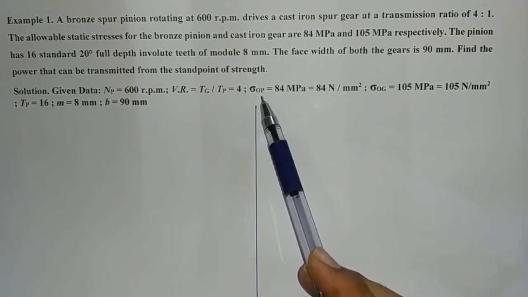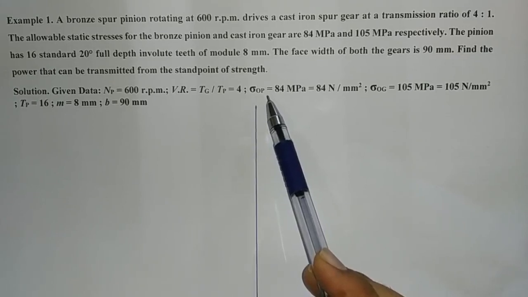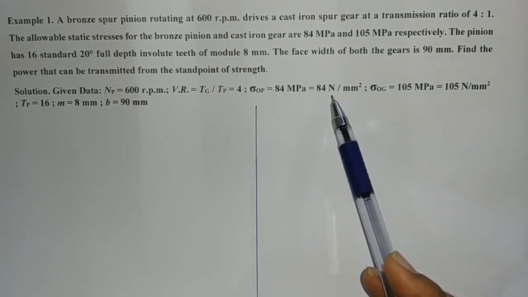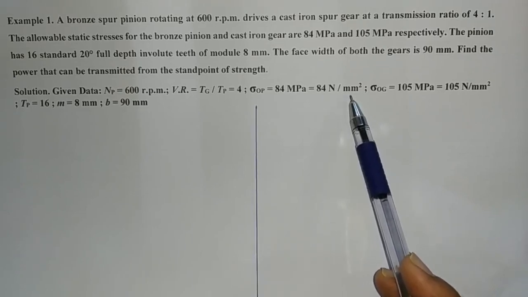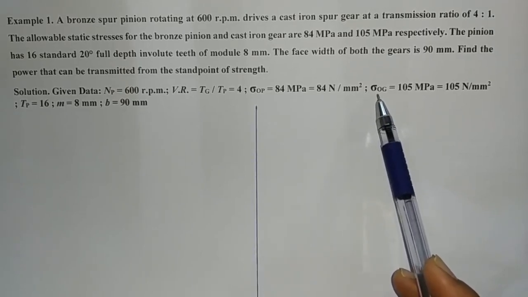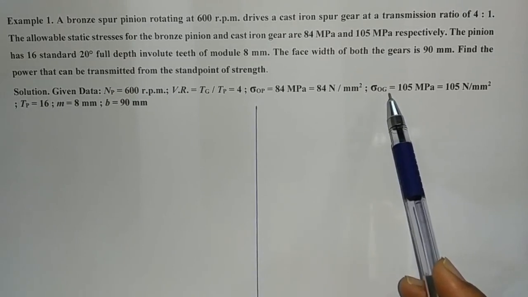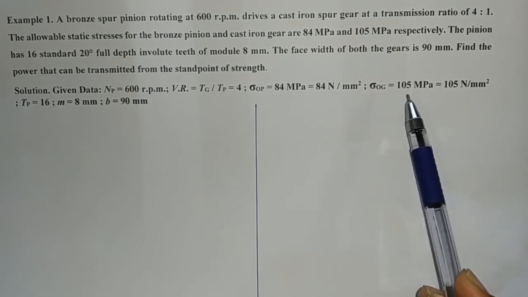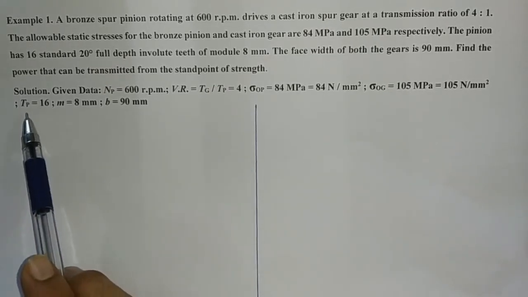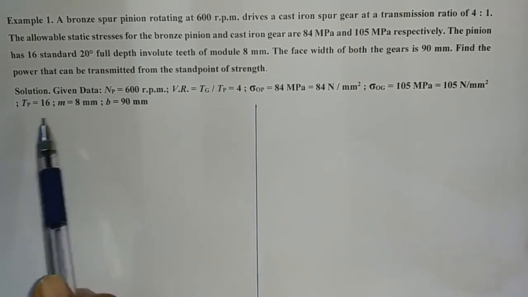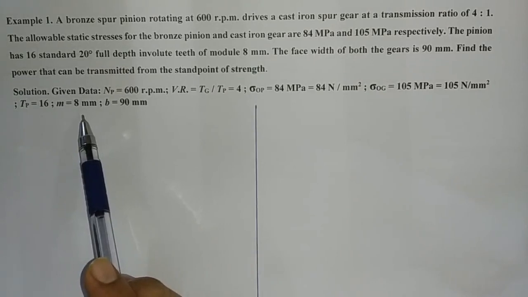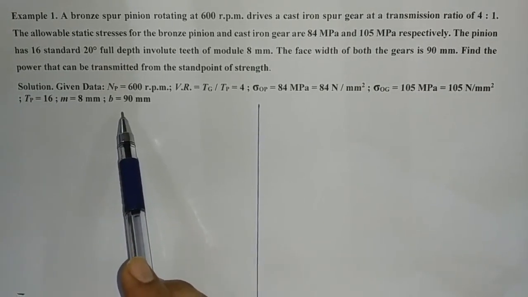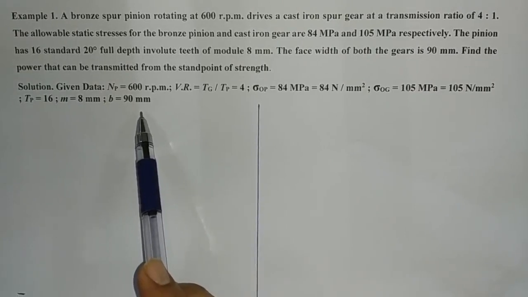Static stress for the pinion material, sigma Op, is equal to 84 megapascal or 84 Newton per millimeter square. Static stress for the gear material, sigma Og, is equal to 105 megapascal, and number of teeth on pinion is equal to 16. Module is equal to 8 mm and face width B is equal to 90 millimeter.